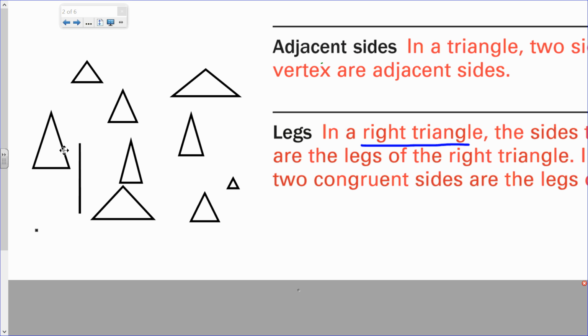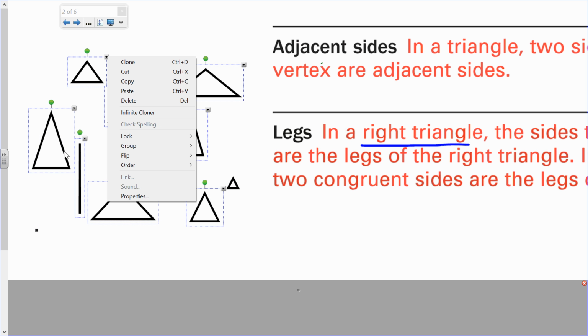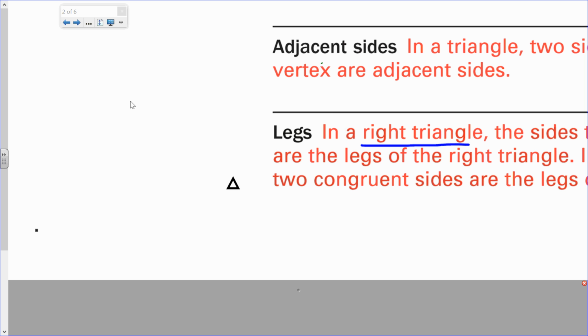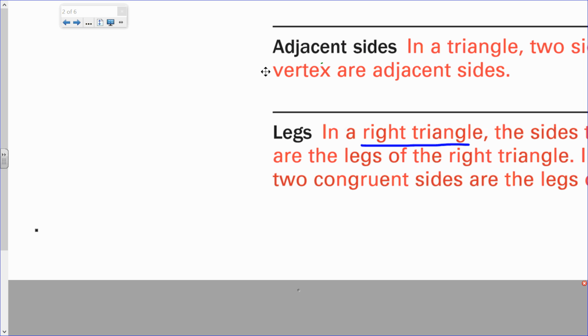It's a very special kind of triangle. It's called a right triangle, and another very special kind is called an isosceles. Let me erase these. Does anybody remember what a right triangle is? Nice. So it's a triangle that has a 90-degree angle in it, which is called a right angle.